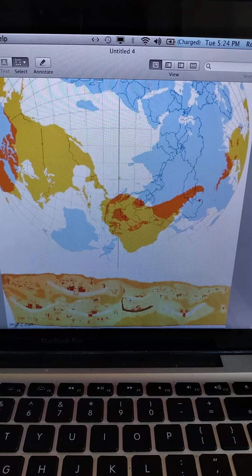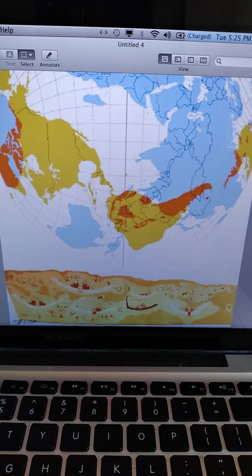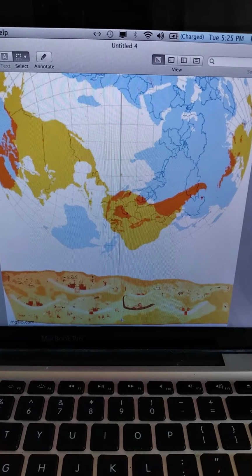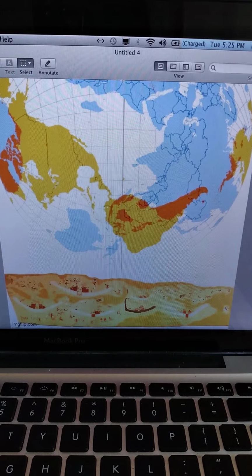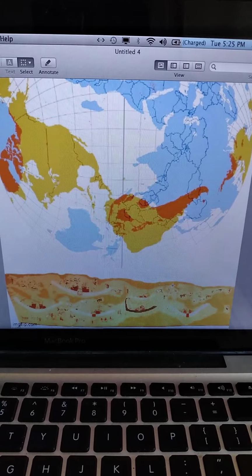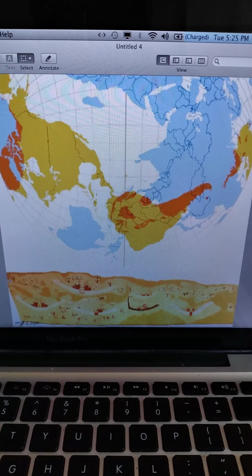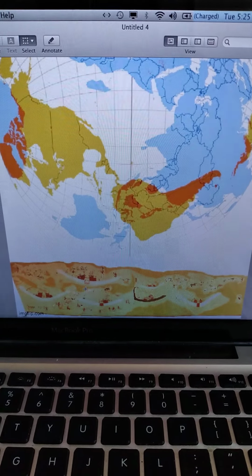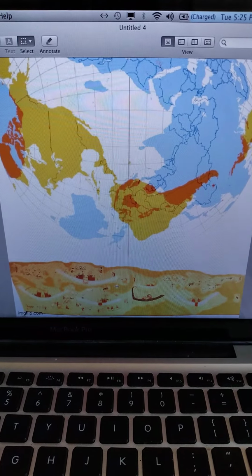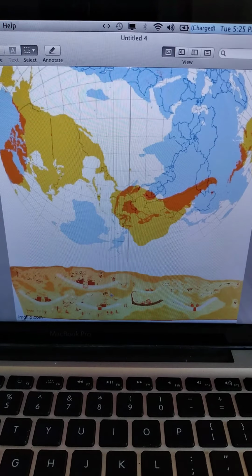There could be other reasons that they made America so small compared to all the other land masses. This seems to be West Africa, South Africa, Antarctica, East Asia, Siberia. So that's the one distinction, that in this version they make it smaller.